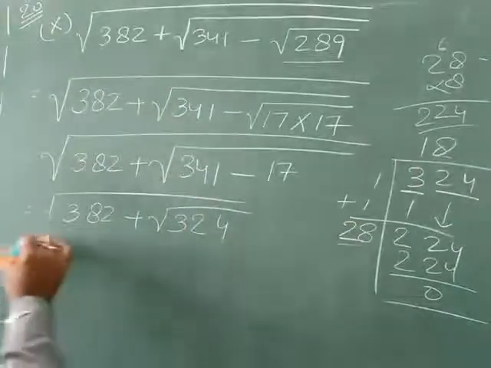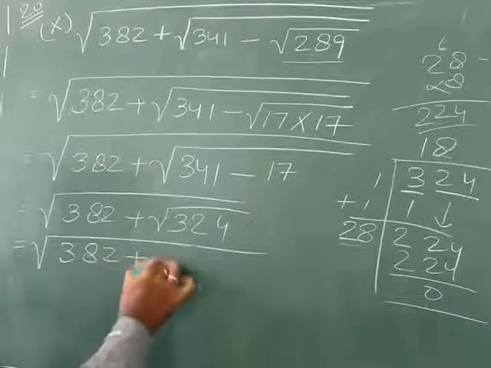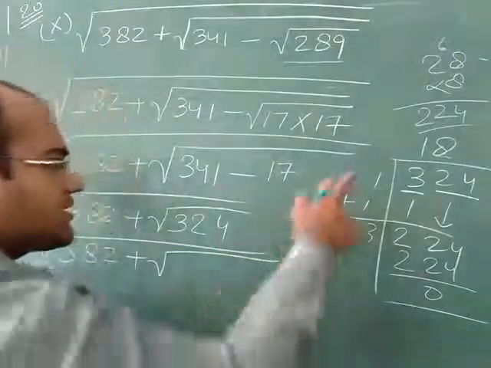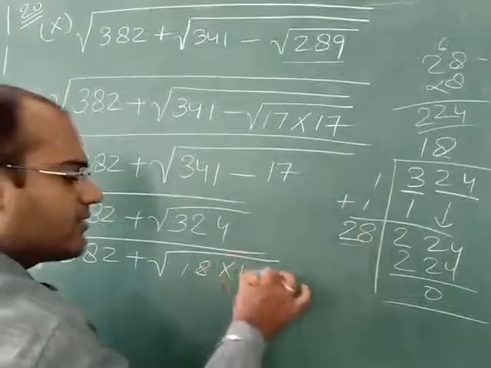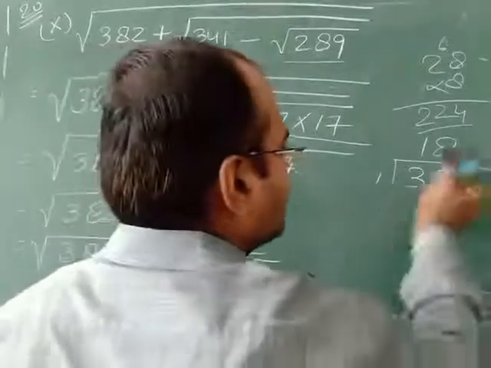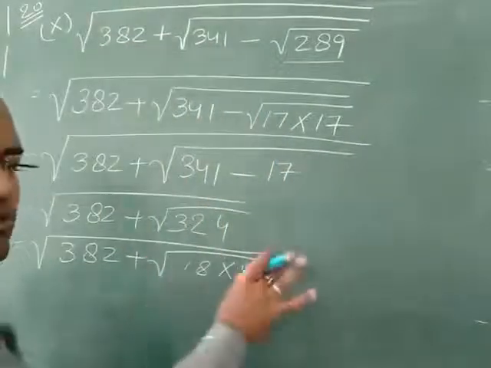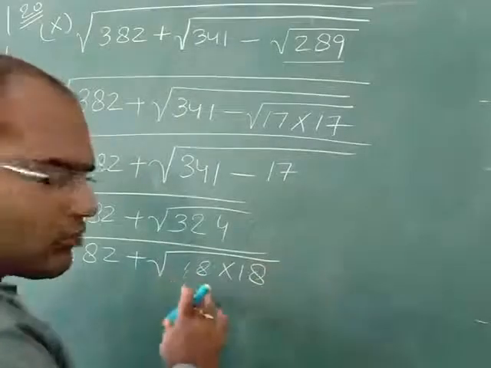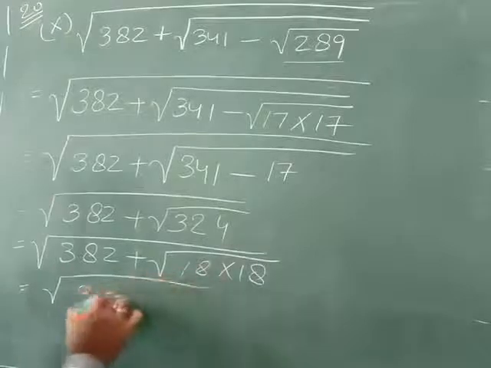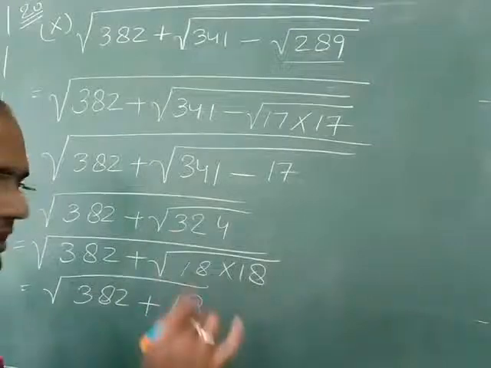So what you have to do next? This one as it is 382 plus square root 324 is there. So 324 we will write as 18 multiply 18. 2 times we have to write. Now when we will remove the square root, then answer will be 382 plus, when we will remove the square root sign we have to write it 1 time.